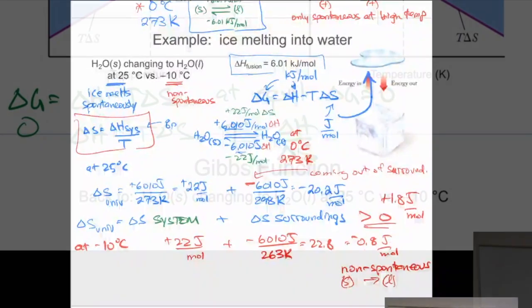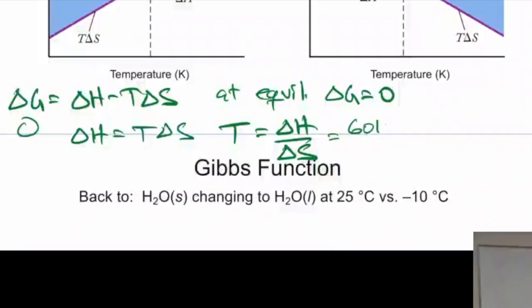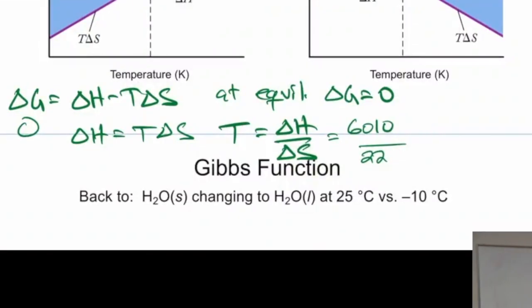Remember all that? 6010 joules per mole divided by 22 joules per mole per Kelvin. What is that number? 273. It better be 273 Kelvin, which is 0 degrees Celsius. Okay?